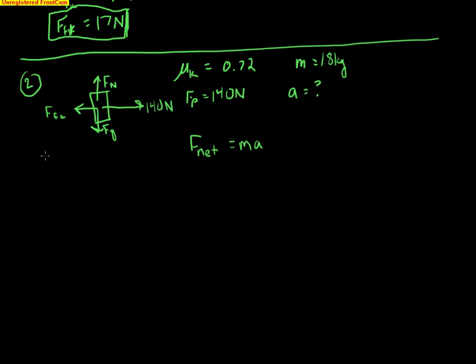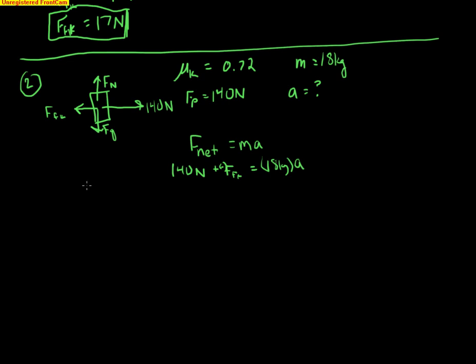Okay, so we only need to look at the x direction for our Newton's second law because we know these y direction forces are going to cancel each other out. So our net force then would be the 140 Newton push plus the force of friction, which we know is going to be negative, so we could put that in to remind us. And that will equal the mass, 18 kilograms, times the acceleration.